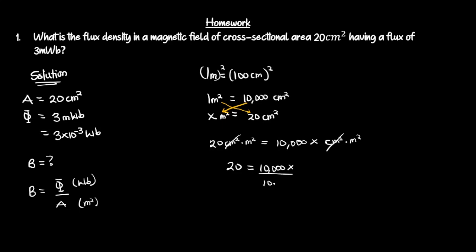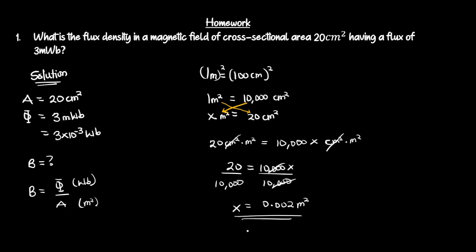So I'll divide both sides by 10,000. Okay, so the value of x will be equal to 20 divided by 10,000, and that will be equal to 0.002. Then I have meter square as my answer.